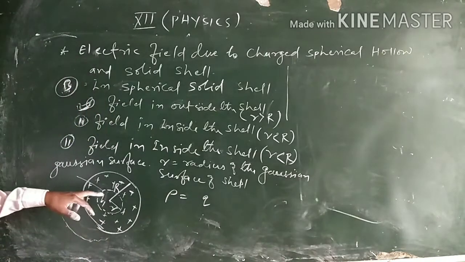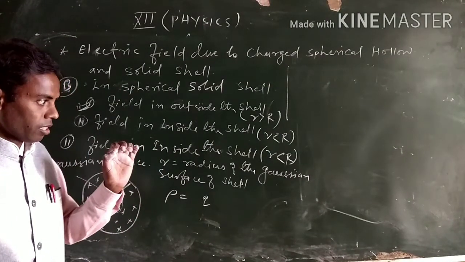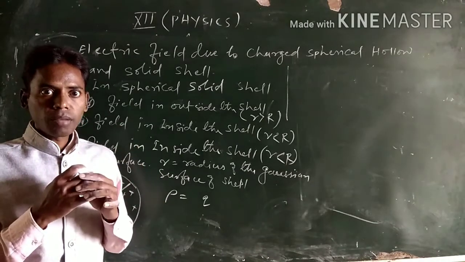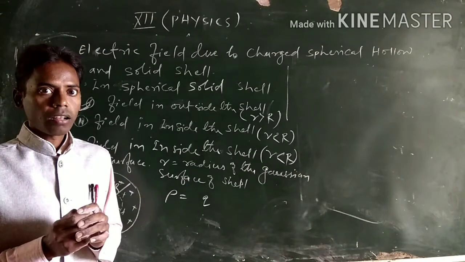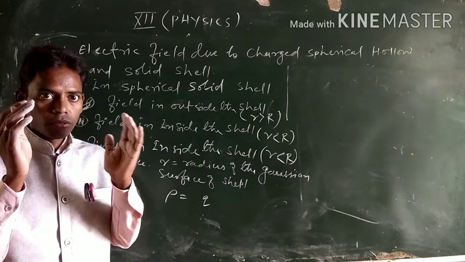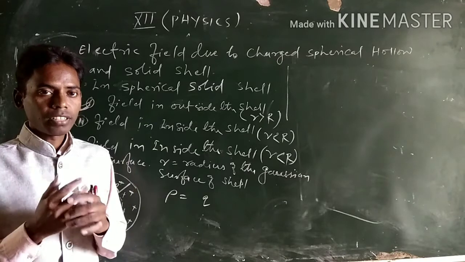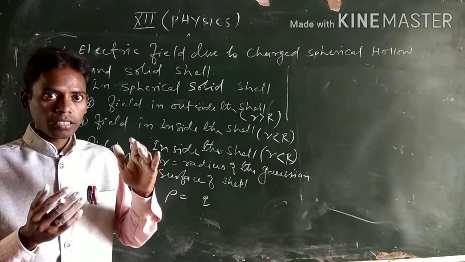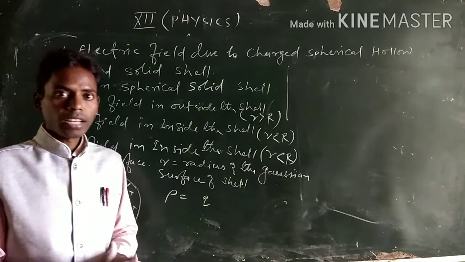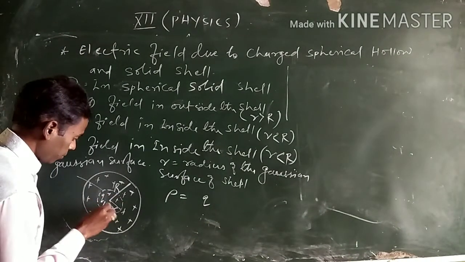For this one we have to take the net charge. Suppose we distribute 50 coulomb charges inside the shell, right? Then suppose we decrease the radius of that shell, then what will be the difference? That means if we decrease the radius of the shell, then the charge should also decrease, right? For that case, here will be the net charge inside this one.